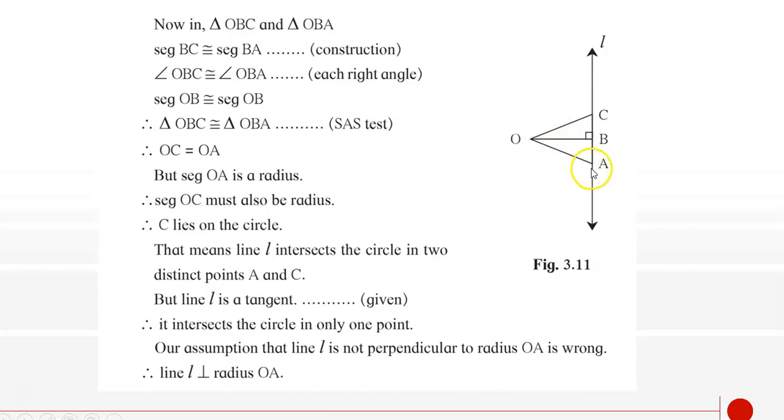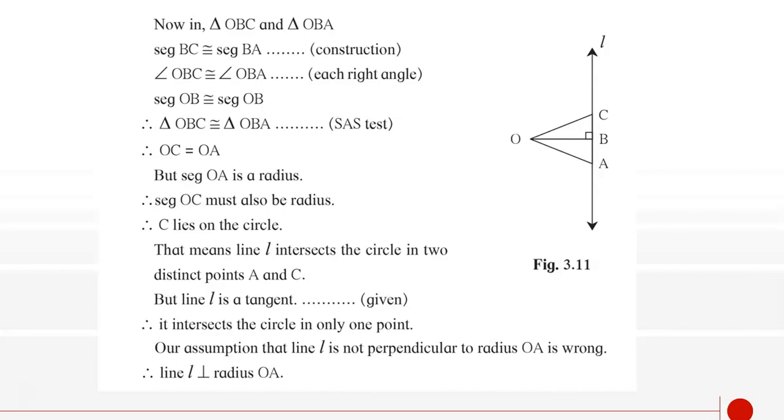But OA is the radius, given information. That means OC will also be the radius. Therefore, if OC is a radius, C lies on the circle.